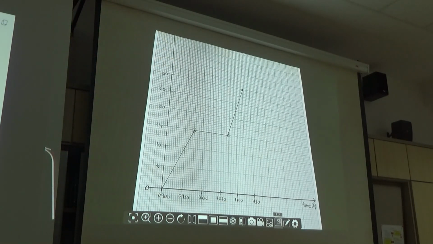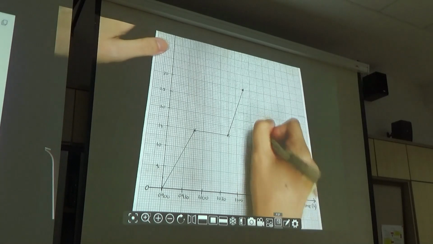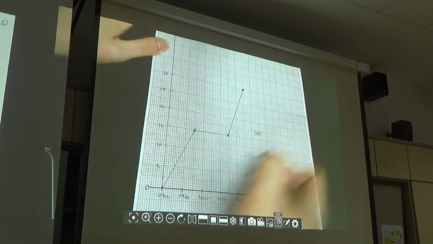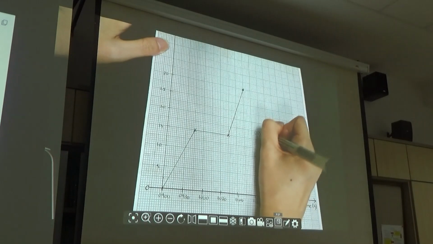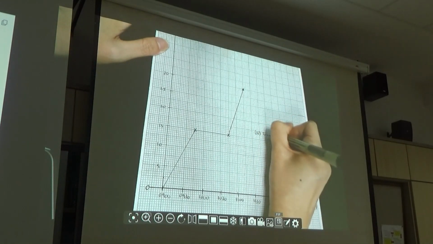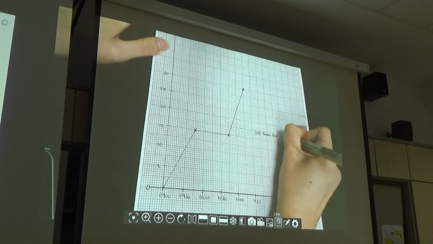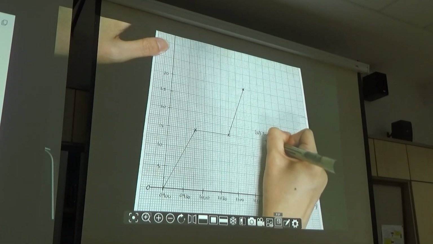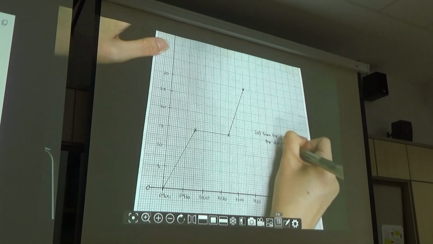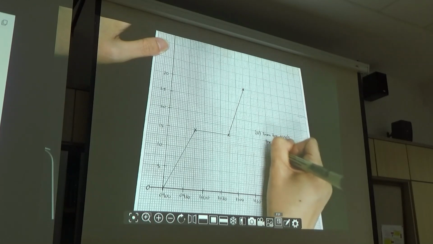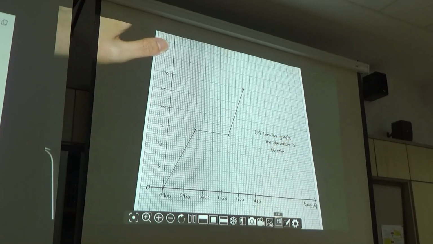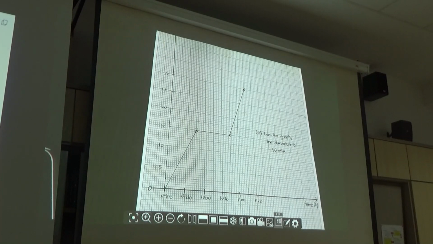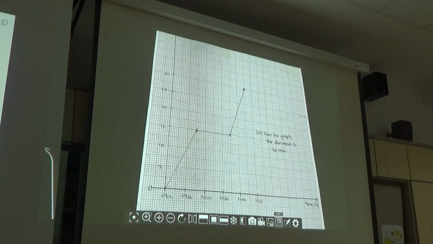So for convenience, I'm just writing it directly on the graph paper. We see that from the graph, the duration is 60 minutes, because the question asks for it to be in minutes.